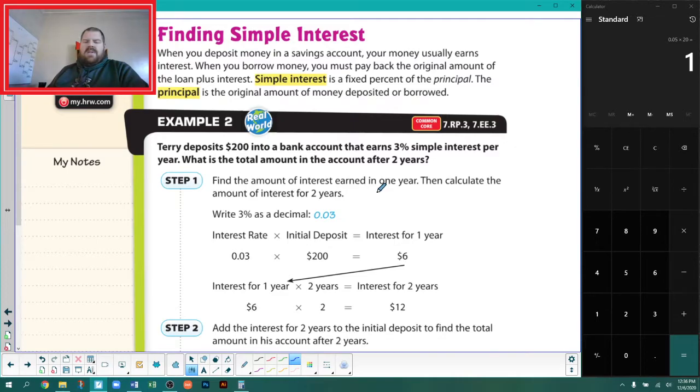So it says here that Terry deposits $200 into a bank account that earns 3% simple interest per year. So every year that $200 is in the account, you're going to increase the amount in your account by 3%. So they're giving you money just for storing your money there. It's kind of cool.